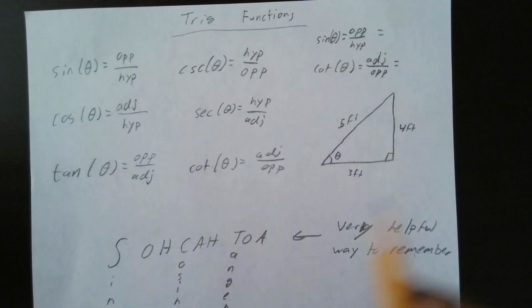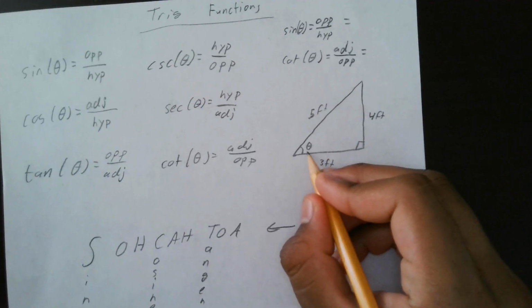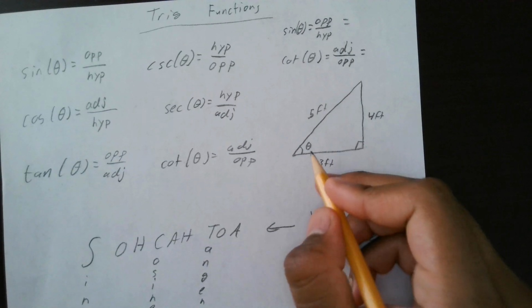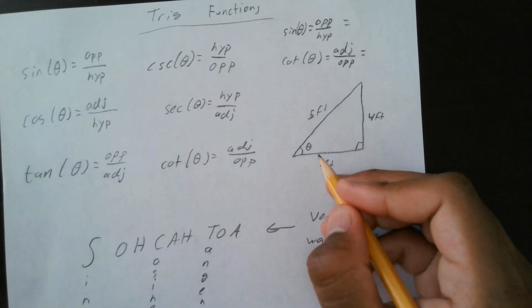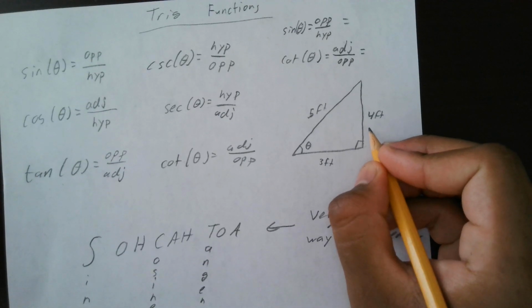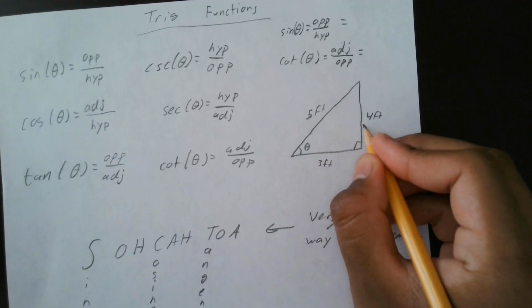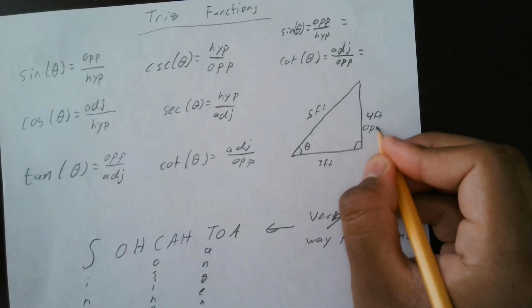Now, how would we find the opposite, adjacent, and hypotenuse? Well, if we have an angle right here, theta, the opposite side is the opposite side. So the opposite of this would be right here. So this is our opposite.